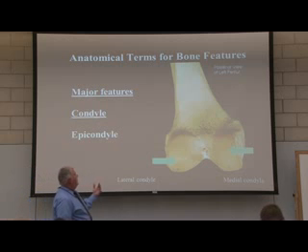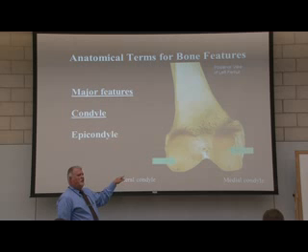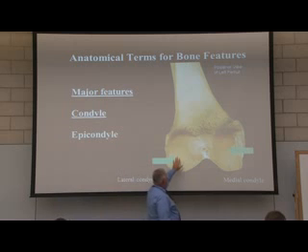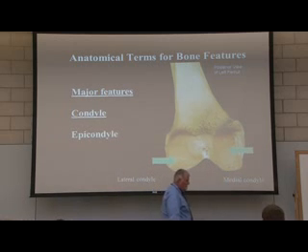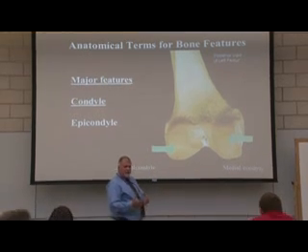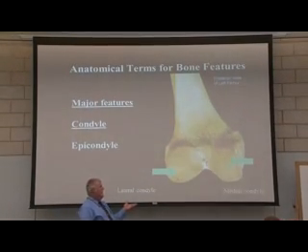So this is the end of the femur, and this is part of the way in which your knee is constructed. In your knee, you have these two really big rounded surfaces that allow you to do this with your knee. And if you do other things with your knee, you end up with knee surgery. So your knee is really designed to only have one range of motion. That's what the condyles provide.